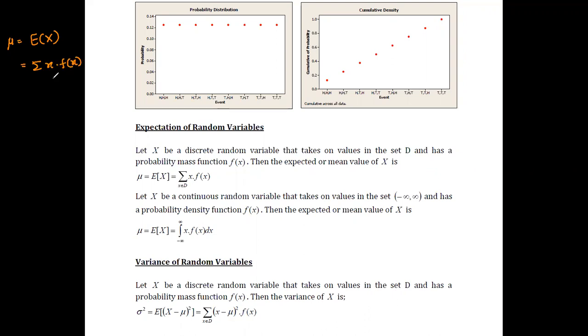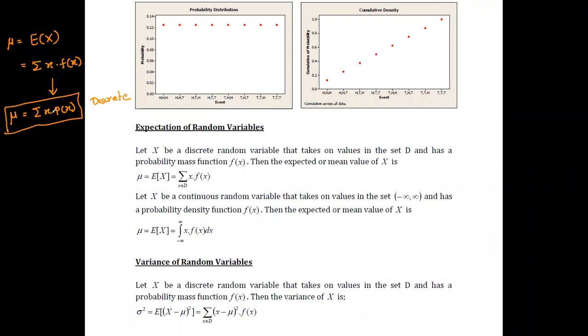In the simplest format, instead of fx you can use px, so the summation of x px is the mu or the expectation that we are obtaining. This is for a discrete variable.